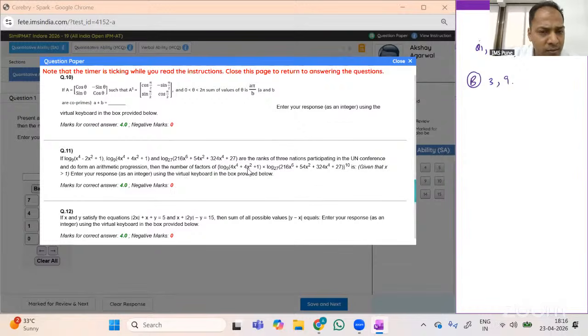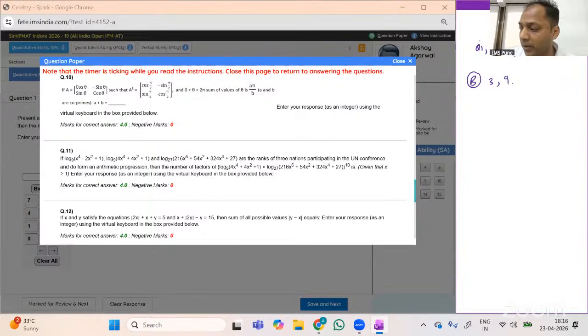Then the number of factors of this into this is, given that x is greater than 1, enter your response. This seems to be very lengthy, but I'm sure given the complexity, this would be a very easy question. I just have to work smartly around it.